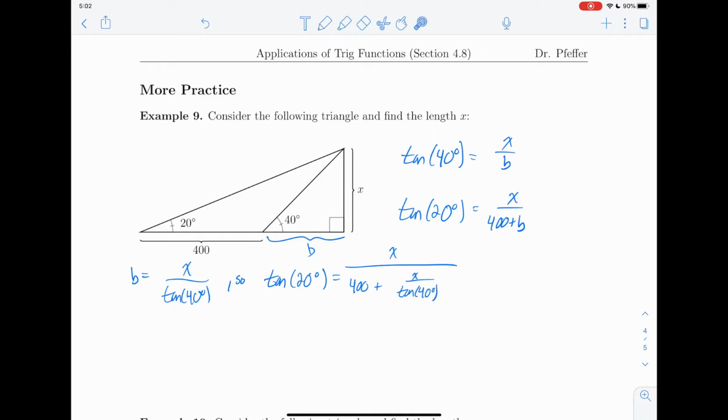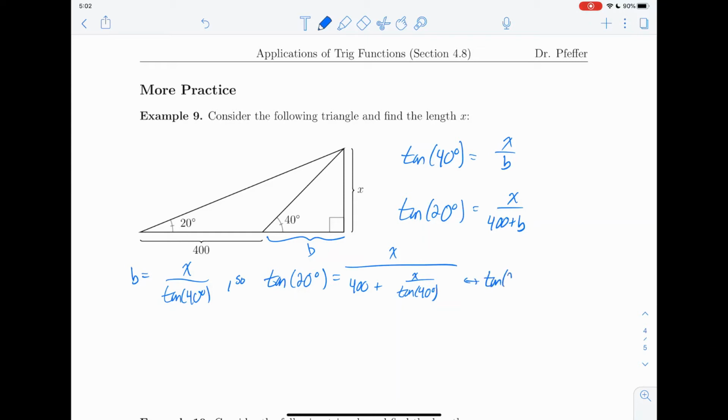Now my objective is to take this complex looking fractional equation and solve for x. This is where you need patience and working through it slowly but surely. My recommendation would be to get a common denominator first for this fraction's denominator, and in doing so, you might get the following.